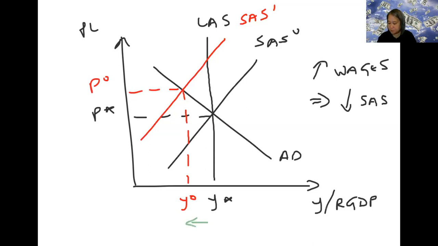At the same time, prices have increased. When you see a decline in output and an increase in price level, this is what we call stagflation.